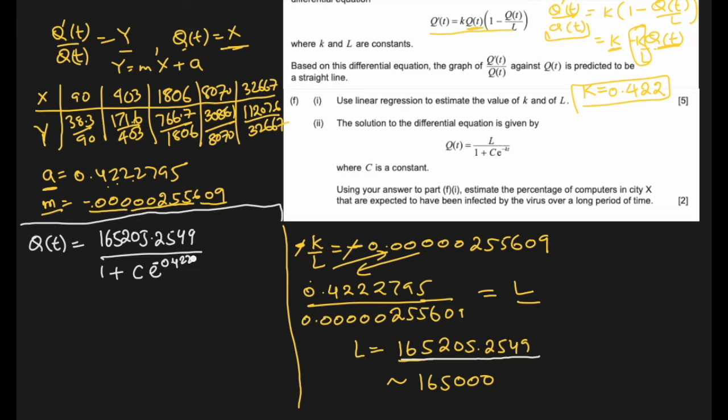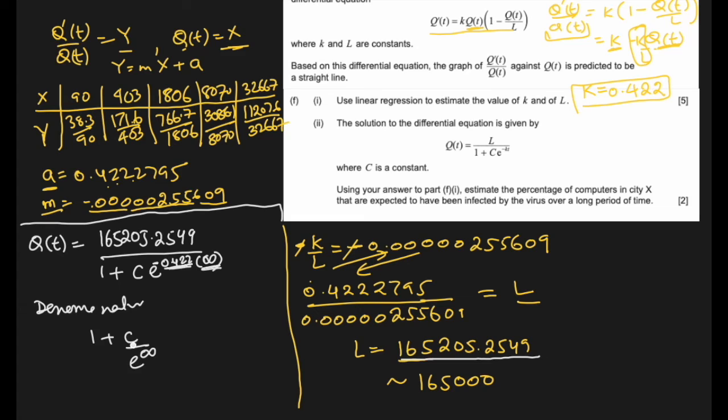But since we are talking about a long period of time, that means many days have passed, say an infinite number of days. So let me focus on the denominator. It becomes 1 plus C e to the power minus 0.422 times infinity, which is e to the power of negative infinity.